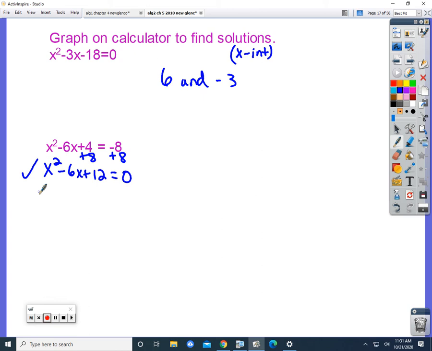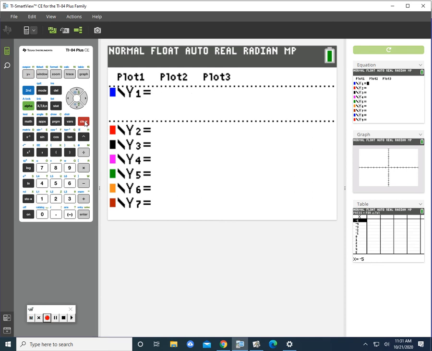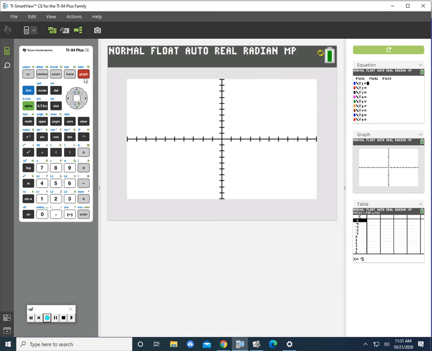Now I'm ready to go to the calculator and see where it's crossing the x-axis. So let me go back to the calculator. So x squared minus 6x, we'll clear that one, x squared minus 6x, and then plus 12. And let's go see where this one's crossing.